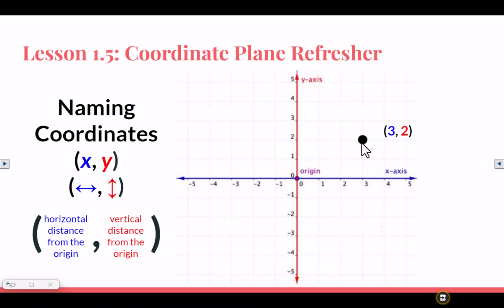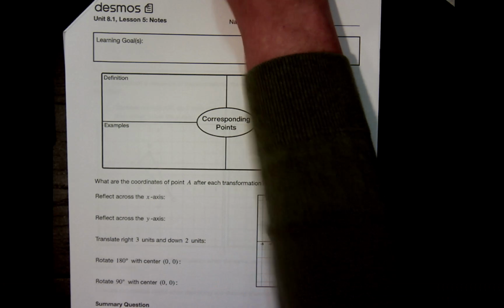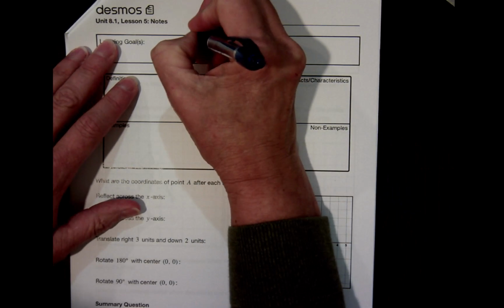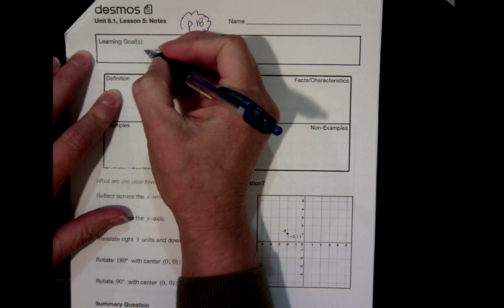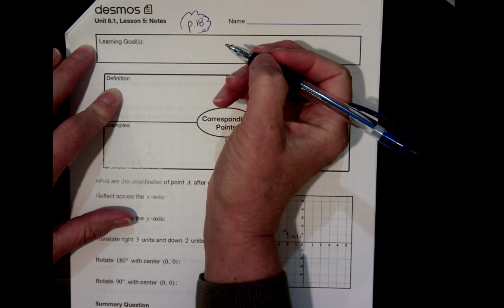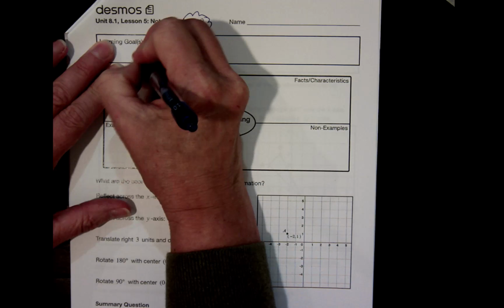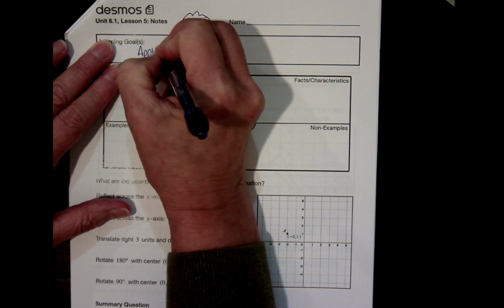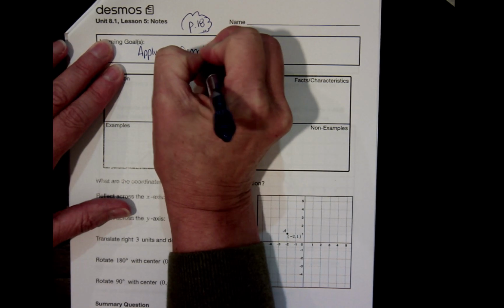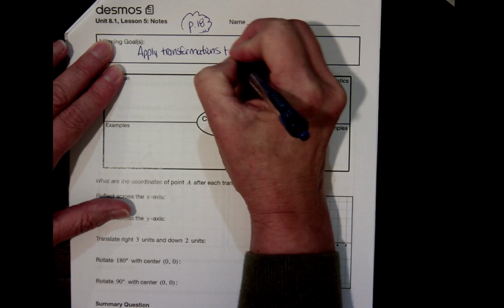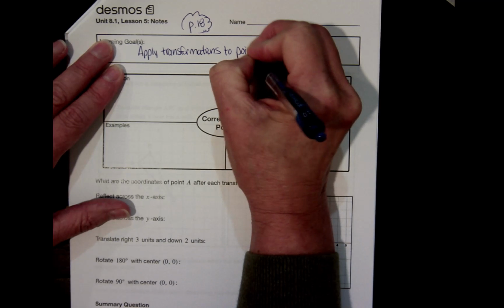Let's take a look at our notes before we get into the Desmos activity today. On page 18 in your notebook today, our learning goal is to apply transformations to points on a grid.